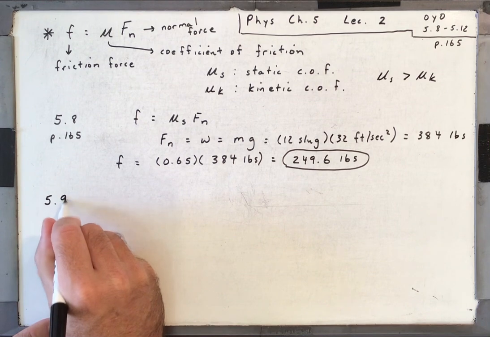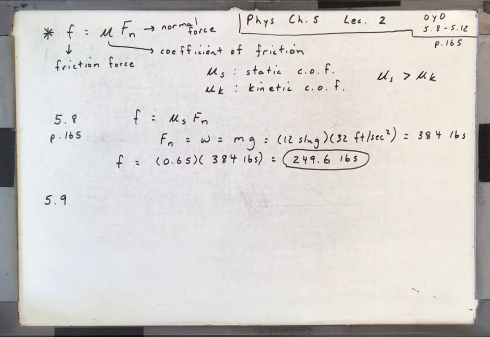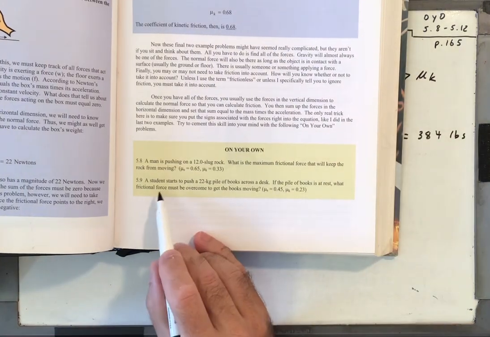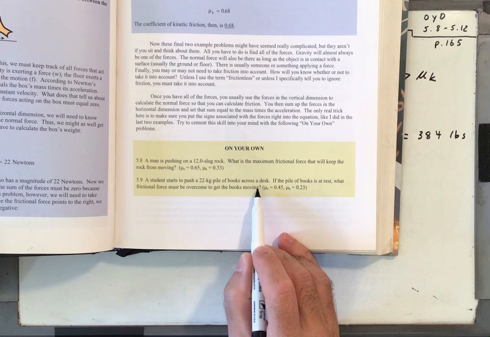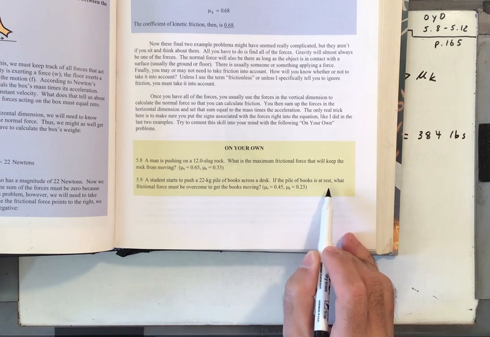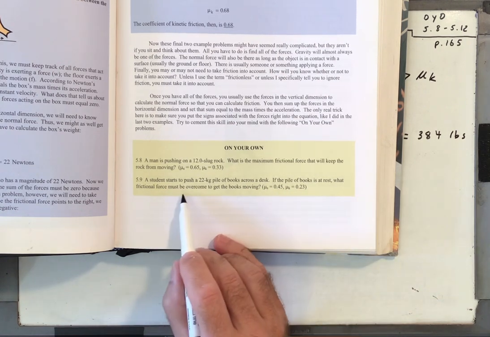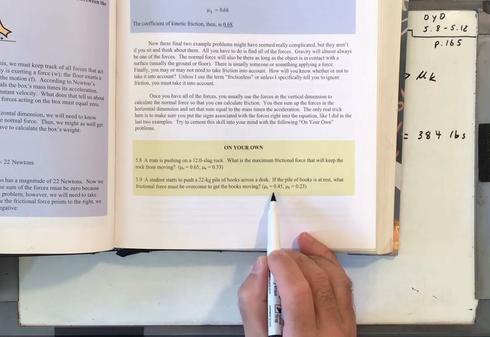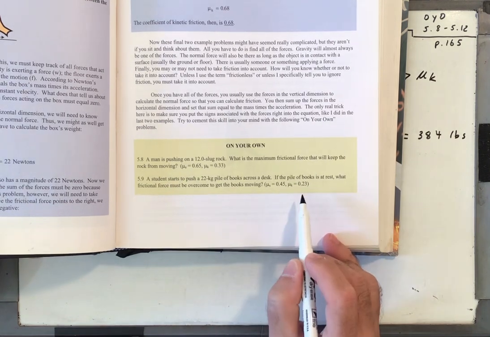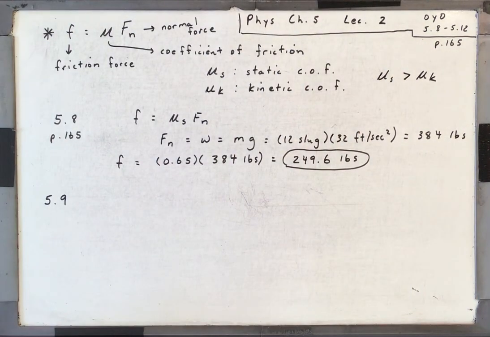All right, let's look at 5.9. 5.9 says a student starts to push a 22 kilogram pile of books across a desk. If the pile of books is at rest, what frictional force must be overcome to get the books moving? And we have both the static and kinetic coefficient of friction. Well, we don't even need the kinetic coefficient of friction. We're just trying to get the books moving.